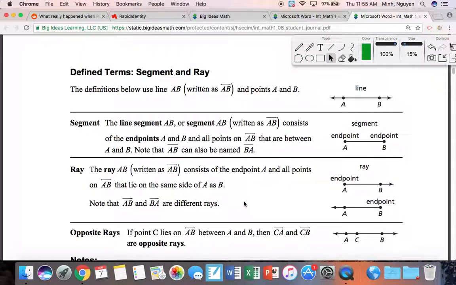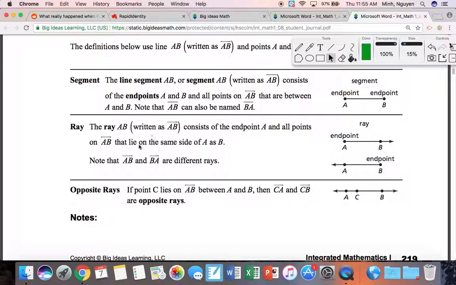Segment. This is how you write it. It's just like what it looks like. There are no arrowheads. A ray has 1 arrowhead. Note that AB and BA are different rays, because it depends on which way the arrow is pointing.